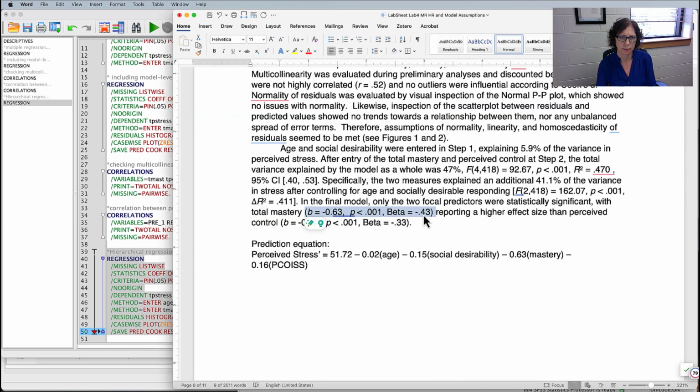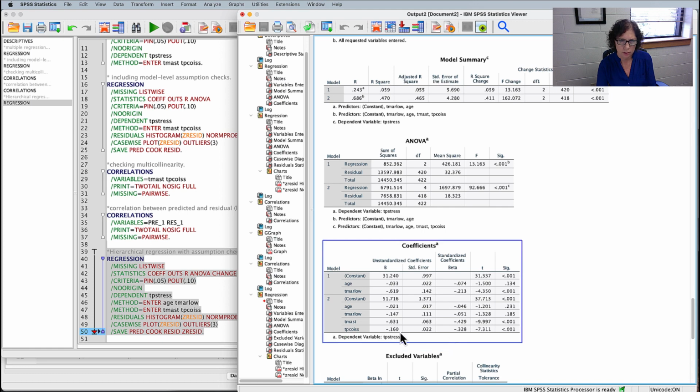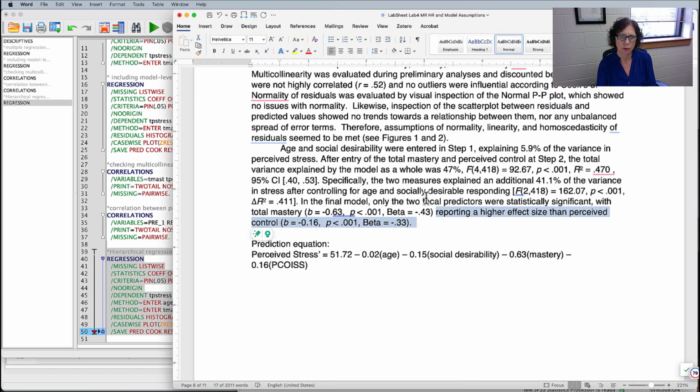And higher effect size than perceived control. There's perceived control with -16 and -33. And you see that I worked in the information that total mastery had a higher effect size, and that's based on the beta. Beta compares each predictor relative to the other predictors in the model. The beta tells you who has the higher impact.